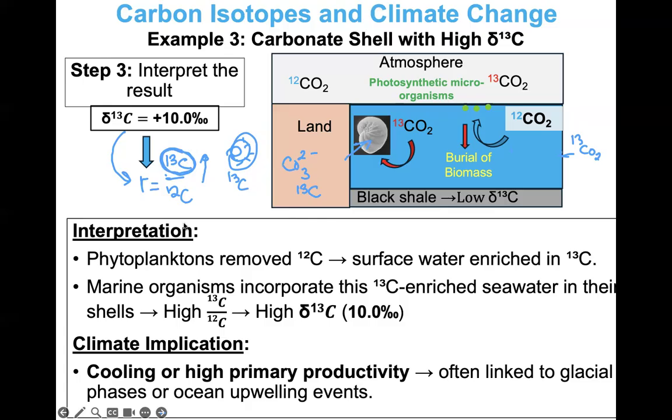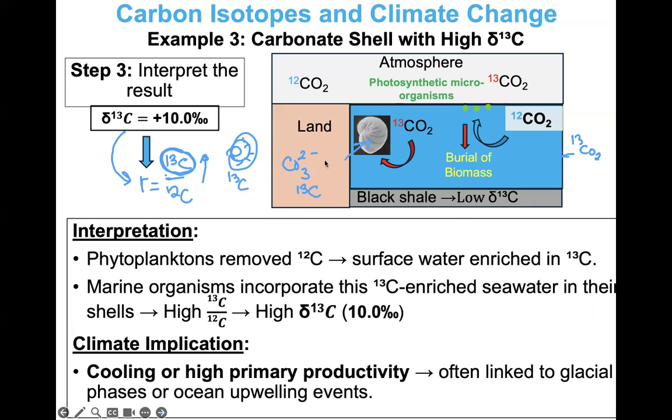So phytoplanktons remove C12 right here. Surface water will be enriched in C13, meaning that when C12 is removed by the plants, the C13 will be enriched in the water. So marine organisms right here will incorporate this C13 enriched seawater, which is CO3 2 minus, not necessarily CO2.